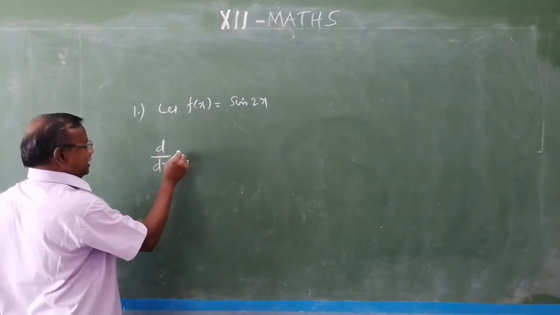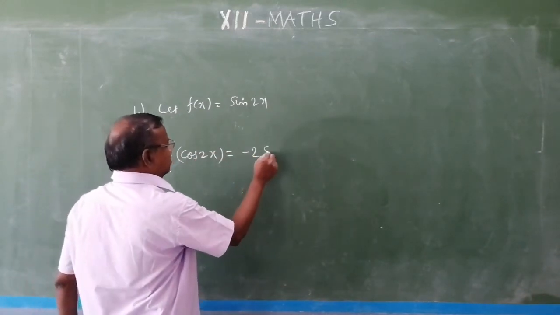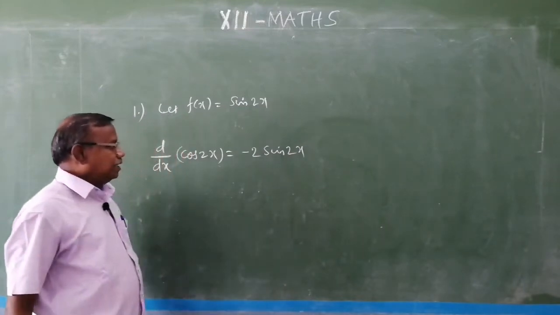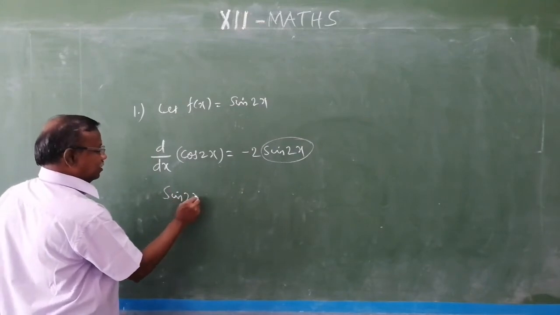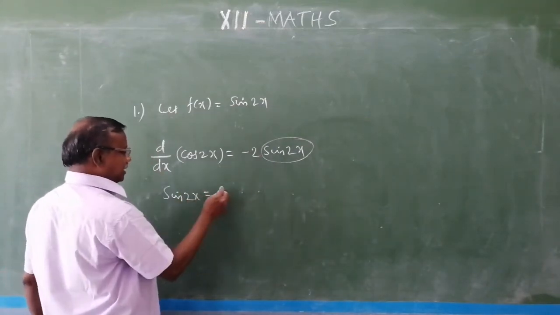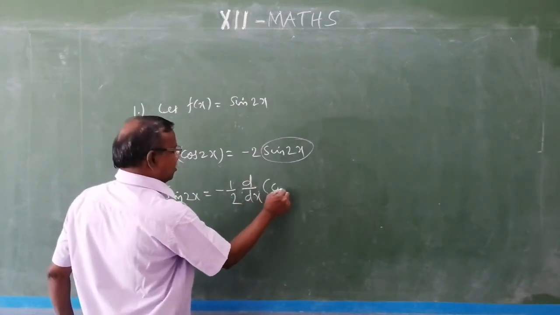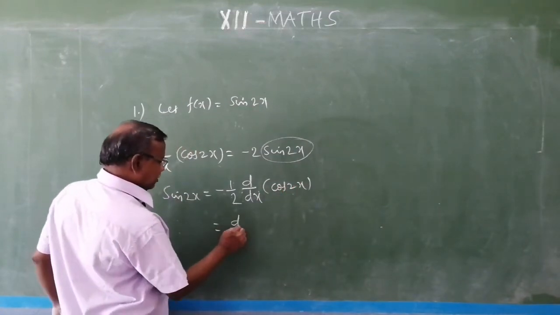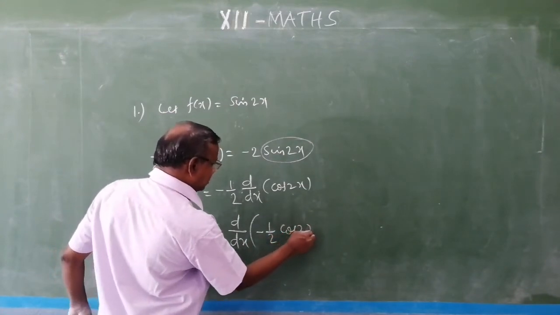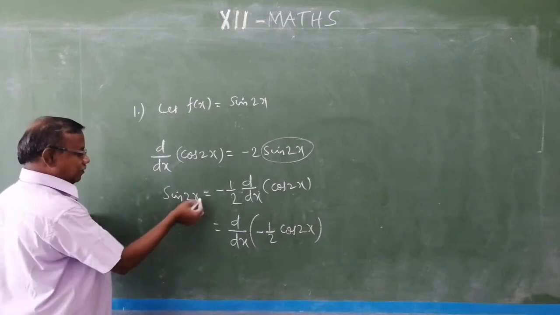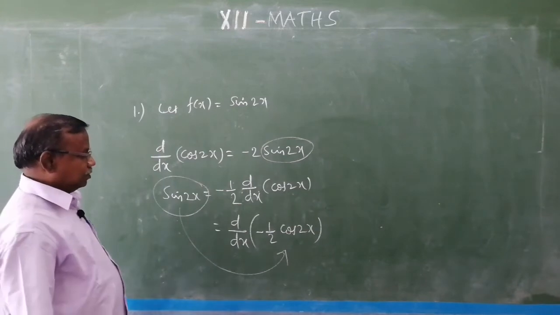Now, d by dx of cos 2x equals minus 2 sin 2x, but we need only sin 2x. So, sin 2x is equal to, bringing the minus 2 to the left side, minus 1 by 2 into d by dx of cos 2x, that is d by dx of (minus 1 by 2 cos 2x). So, the antiderivative of sin 2x is nothing but minus 1 by 2 into cos 2x.